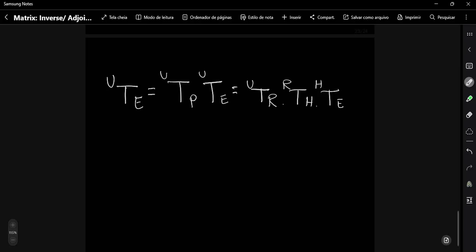So we have a cleaner equation that describes the path that this robot has to take in order to perform a certain task. So now we use inverse transformations to simplify this equation.